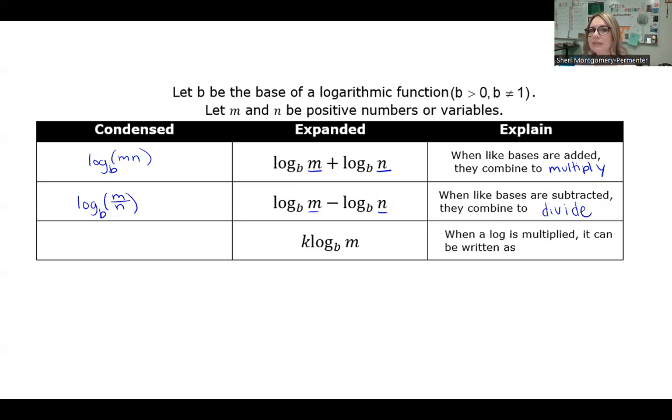For the next one, this says that when a log is multiplied, it can be written as, so whenever you are multiplied by some value, it can come over here and it becomes your exponent. It can be written as an exponent.